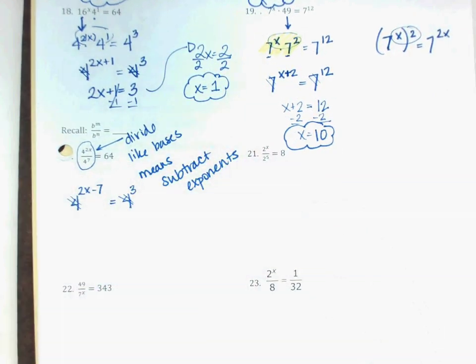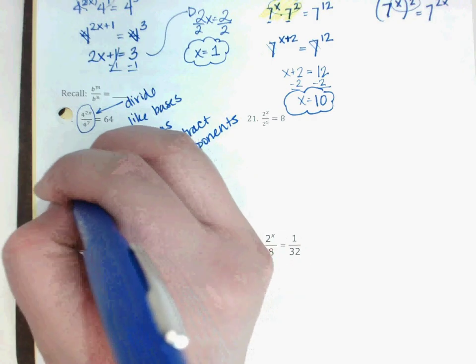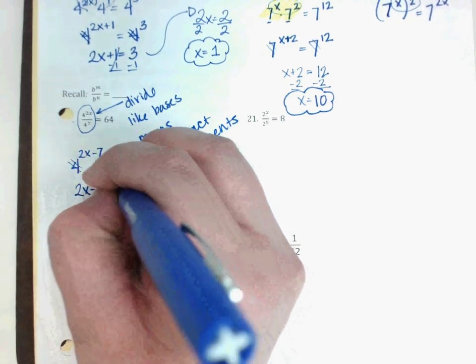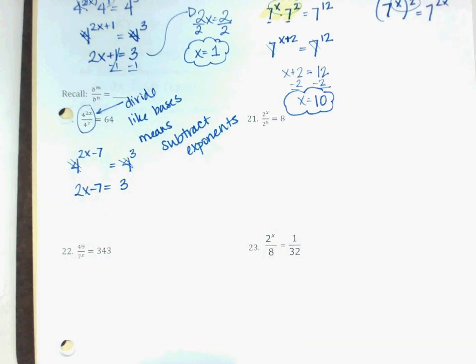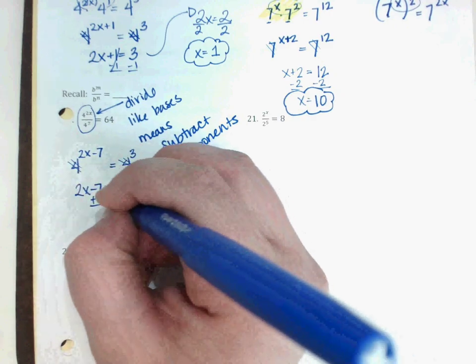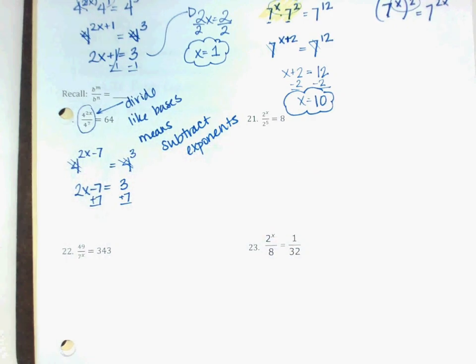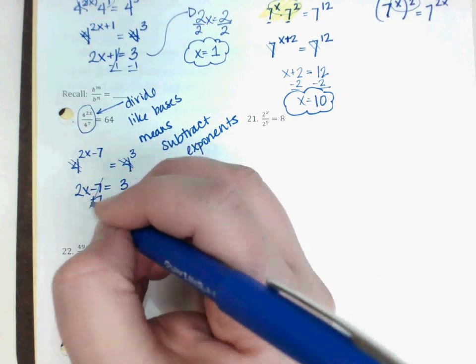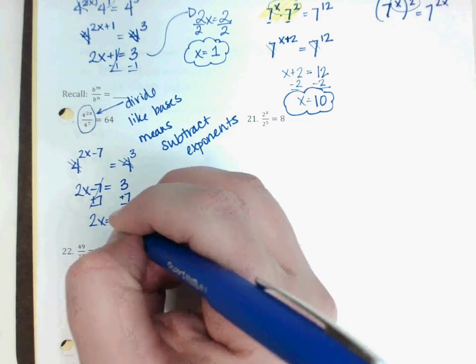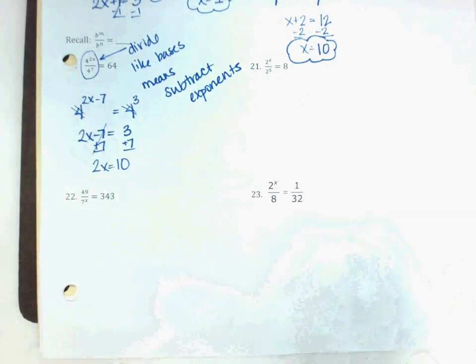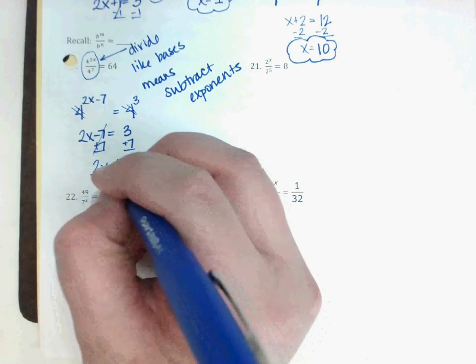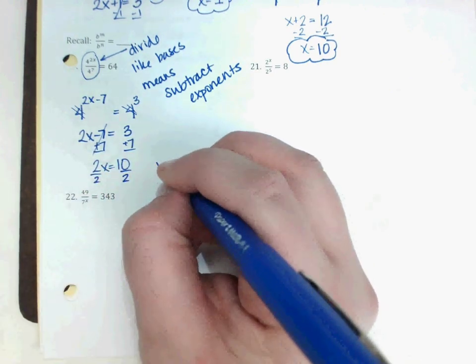Cross them out. 2x minus 7 comes down, equal to 3. And then I'll add my 7 across, add my 7 across. 3 plus 7 gives me 10. Divide by 2. And then in that case, x would be what? 5. Good job.